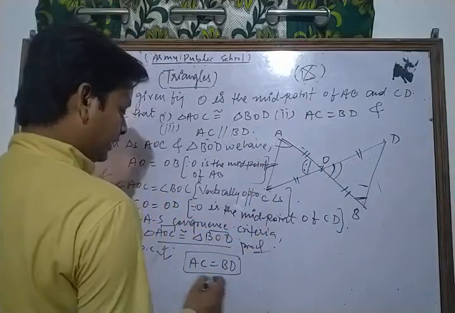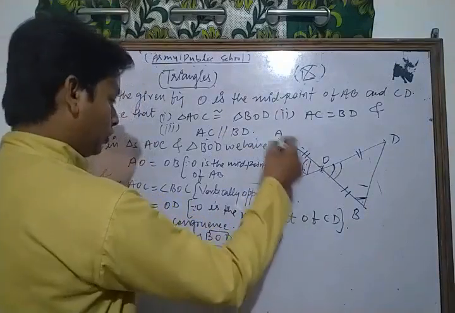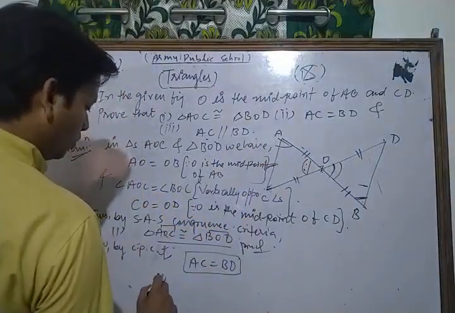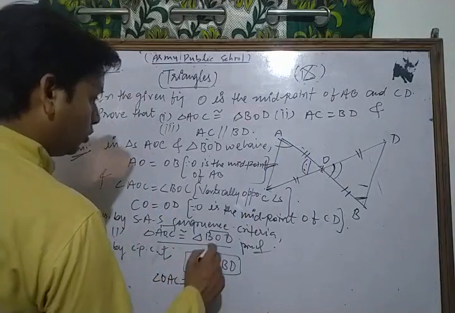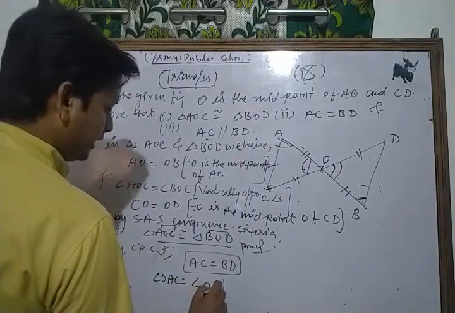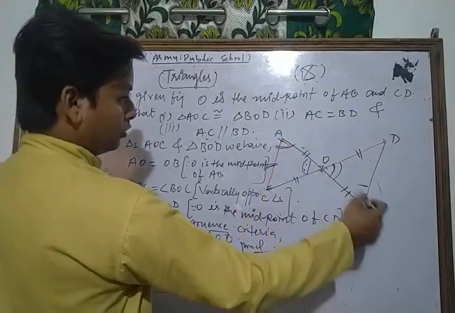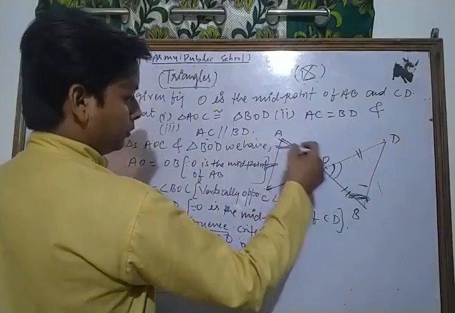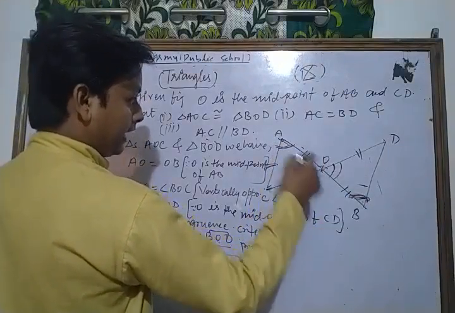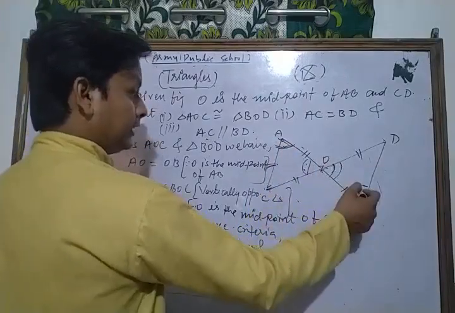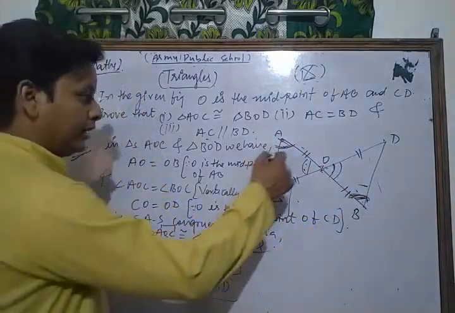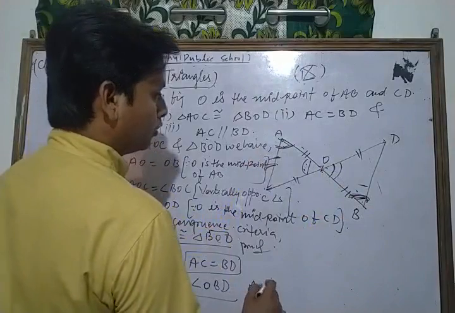So by CPCT we have what? Angle OAC is equal to angle OBD, where AB is a transversal and these angles are equal to each other. Alternate interior angles are equal. Thus in this way AC is parallel to what?